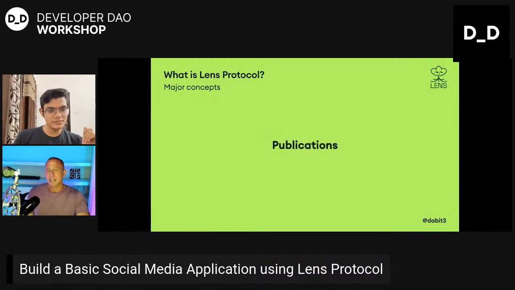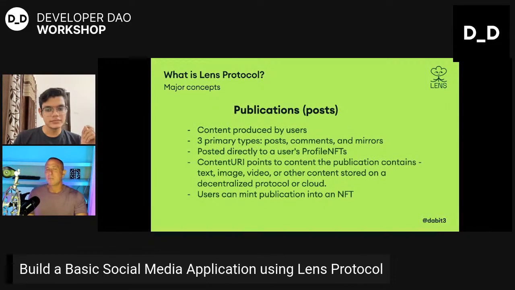In addition to having a profile, you have this idea of a publication, and this is basically a post. There are three main types of publications: posts, comments, and mirrors. A post is a new piece of content. A comment is a publication associated with a post, and a mirror means you're sharing someone else's post. These are posted and associated with the profile owner's NFT.